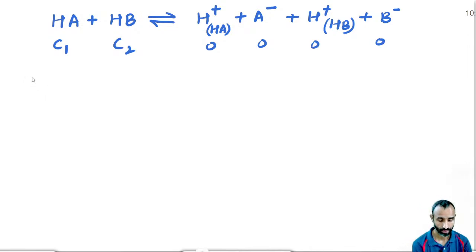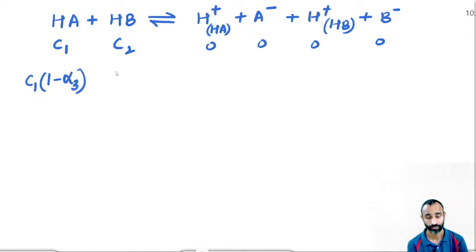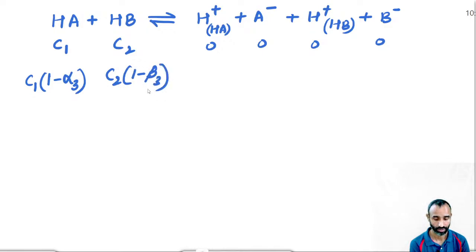At equilibrium, the dissociation constants are alpha 3 and beta 3.